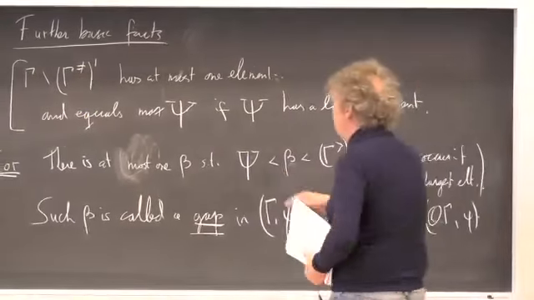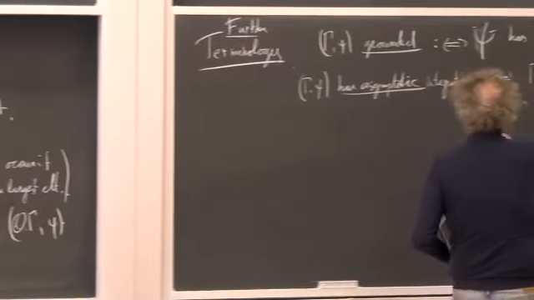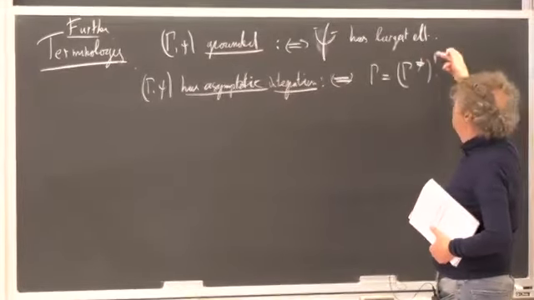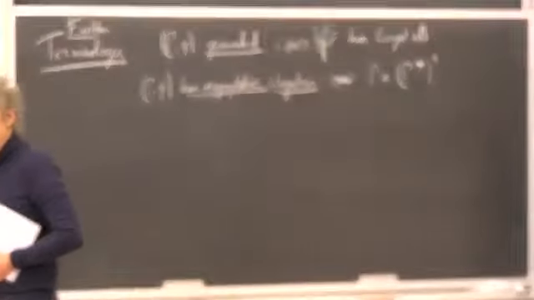If there is no such thing outside, then we say that gamma has asymptotic integration. The reason: if everything is the derivative of something, then basically you can integrate.